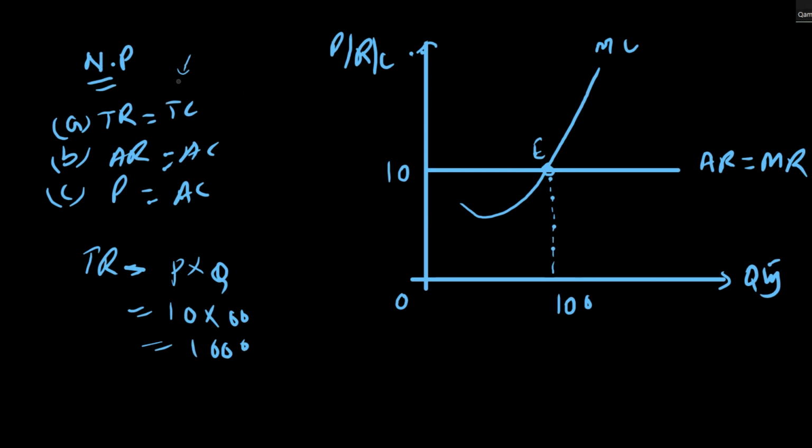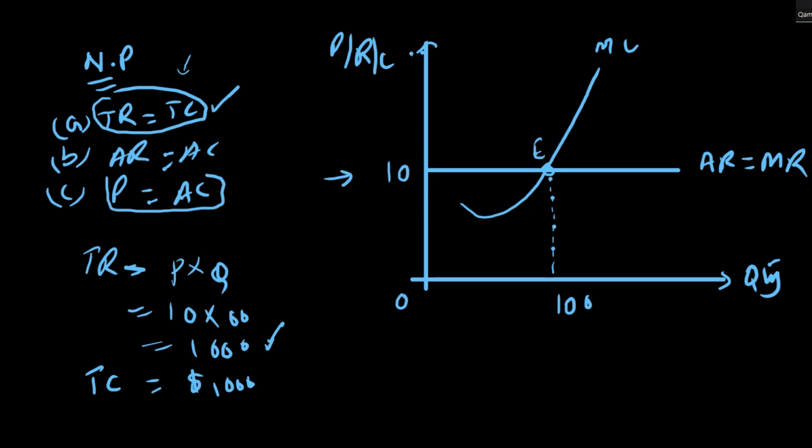Now keep in mind for normal profit, one thing is obvious that total cost must be equal to $1,000 because revenue is 1,000. So condition of normal profit is total revenue is equal to total cost. And if total revenue we have already calculated is 1,000, then total cost must be $1,000. And if average revenue or price is equal to $10, average cost should also be equal to $10.